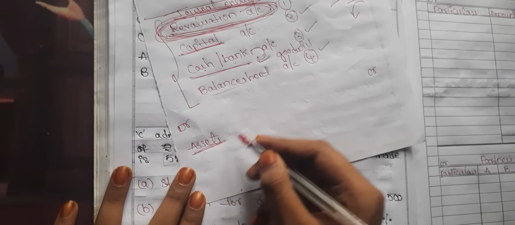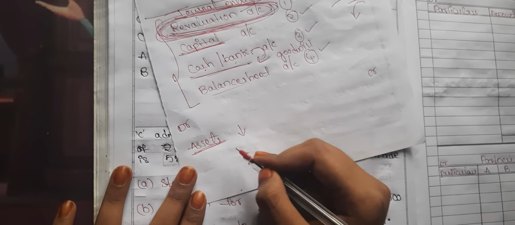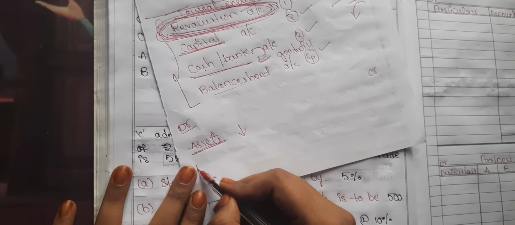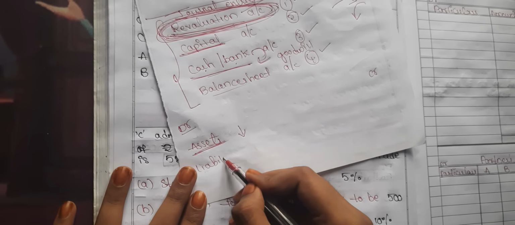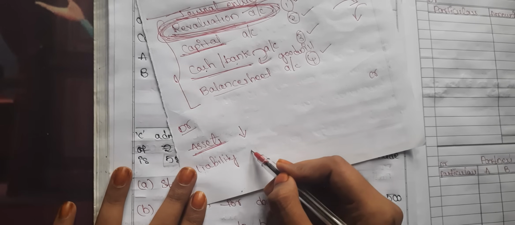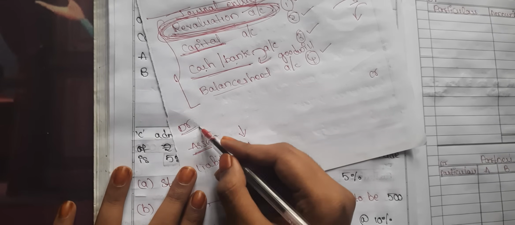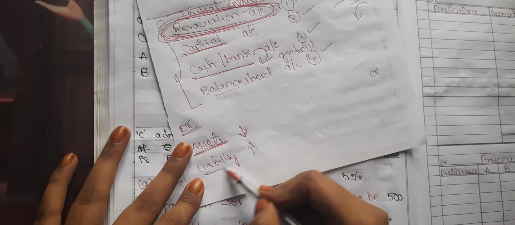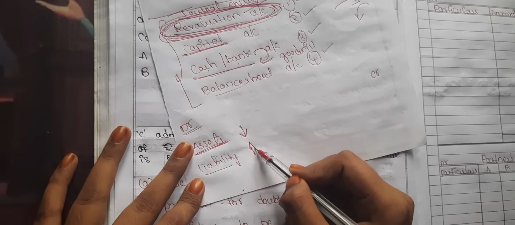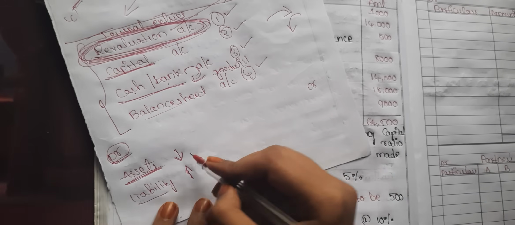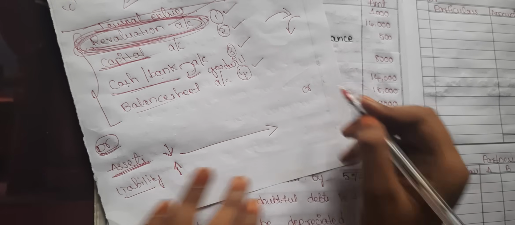So if an asset amount is decreasing, then we should take it on the debit side, and if a liability amount is increasing, we should take it on the debit side. The opposite of it will be on the credit side. If the assets amount increases, then we will take it on the credit side.